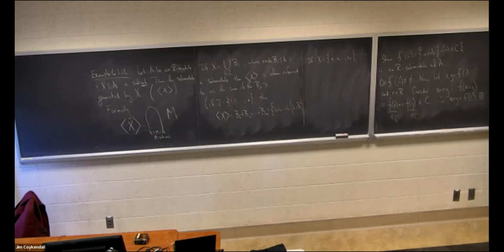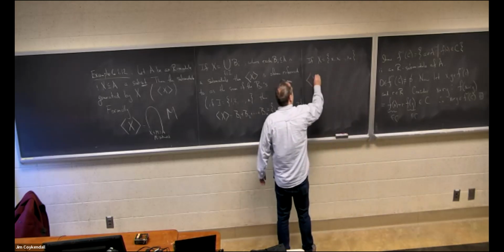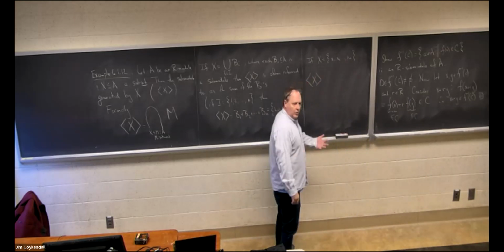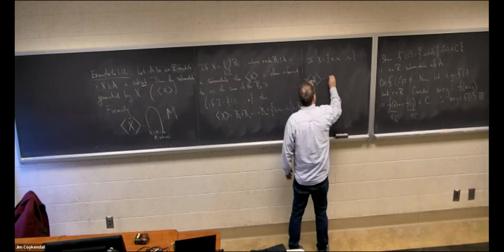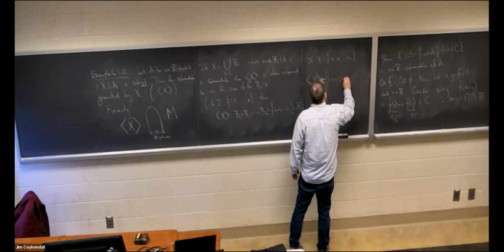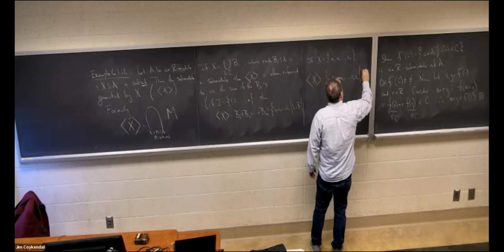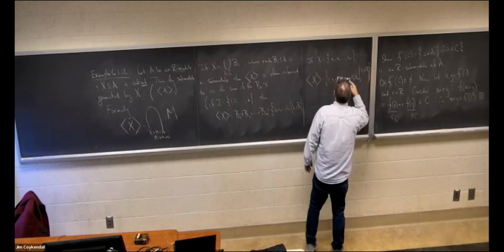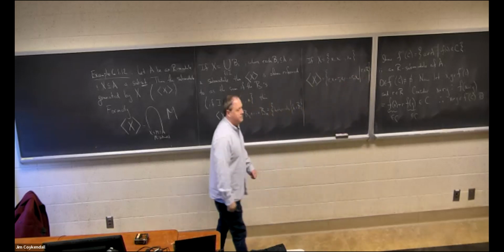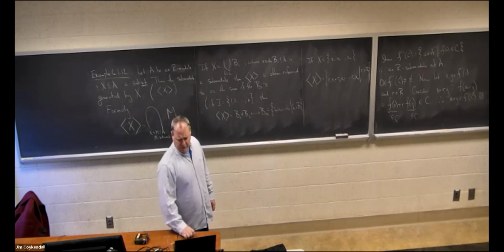Here's a very workaday way to do it. Then the submodule generated by X is what you would think. It's all the stuff that looks like r1x1 plus r2x2 plus ... plus rnxn, with the ri in R, and we know what xi is. Okay, any questions?